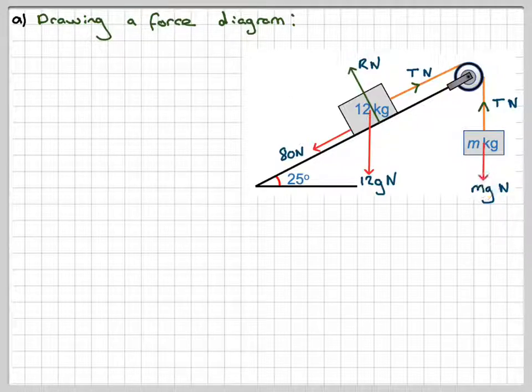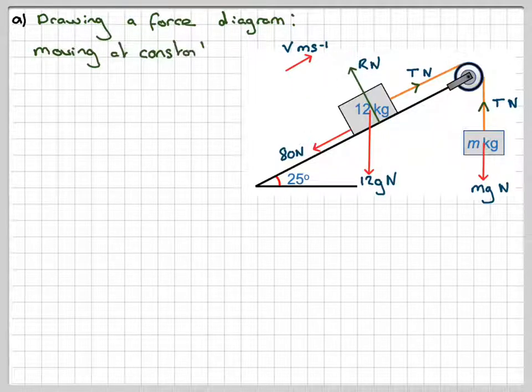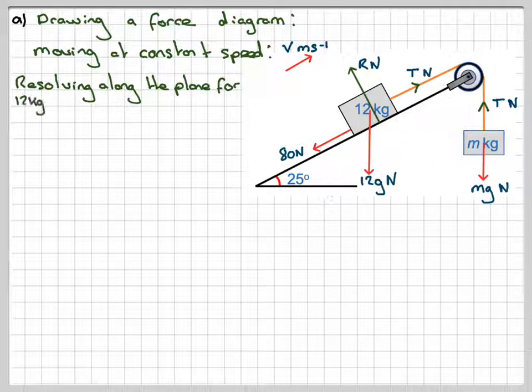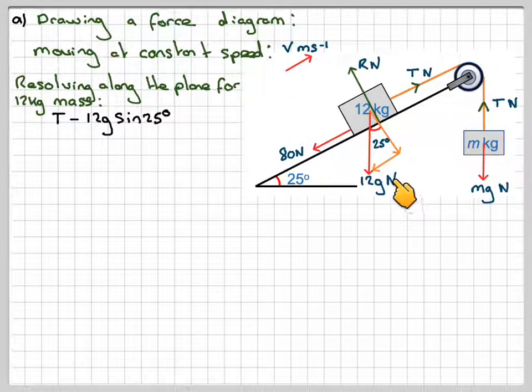We've got to calculate the value of m. It's moving with v meters per second, so there's no acceleration, so we won't be using Newton's second law. So moving at a constant speed, we note that. So if we now resolve along the plane for the 12 kilogram mass, T minus 12g sine 25.